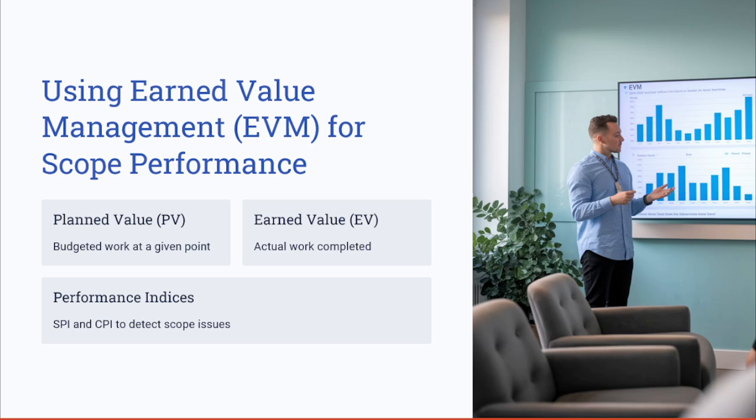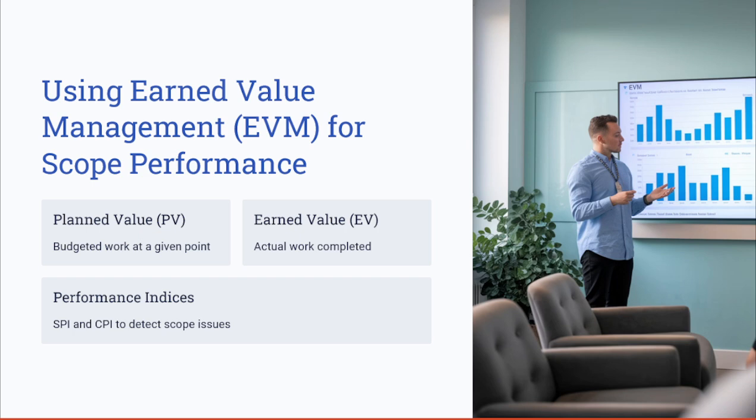Again, talking about the EVM, which is Earned Value Management, to monitor the scope performance. We talked about how EVM integrates the scope, schedule, and cost performance indicators. We talked about the key scope-related metrics, including the planned value, which is the budgeted work at a given point. We also talked about the earned value, or the EV, which is the actual work completed.